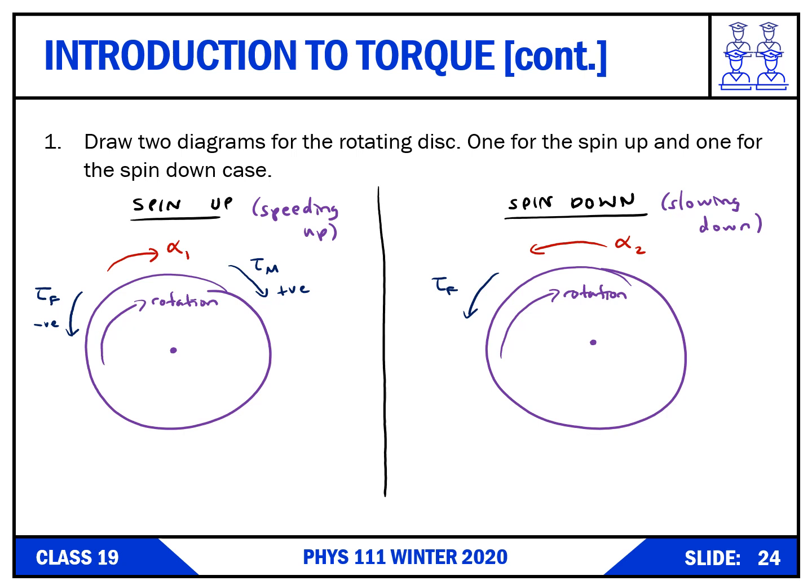Then, for both of these scenarios, you have R being the radius. The value of the radius is 0.08 meters. And you have the mass being a total of 3 kilograms.